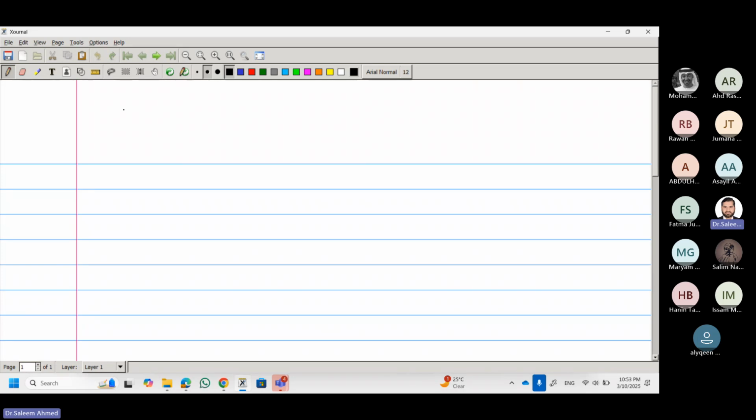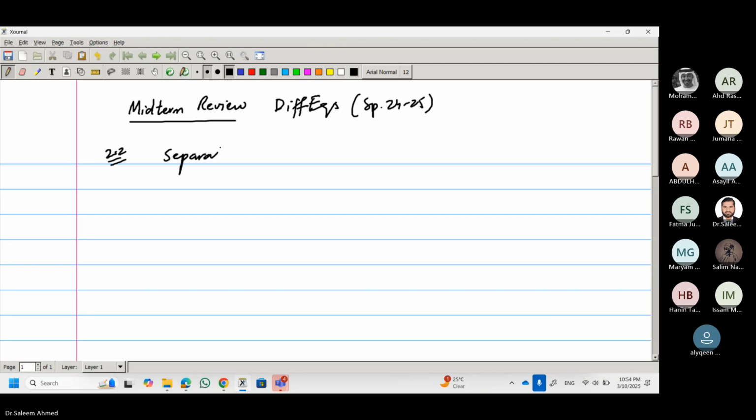So section 2.2, we have separable equations.